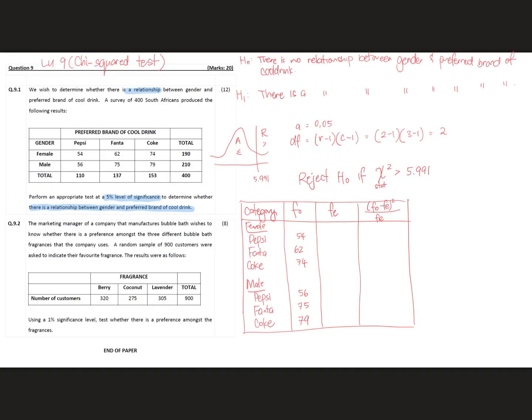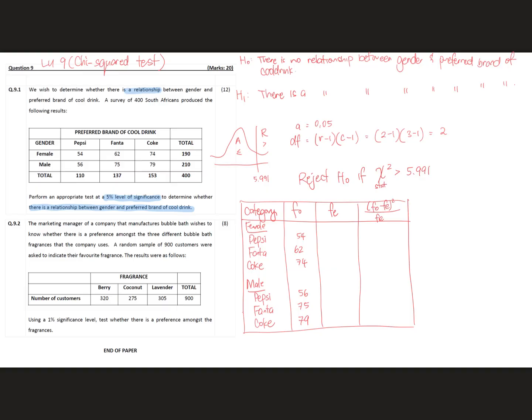Those are always the ones that are presented to you in the table. So remember, you are always given FO and you are then calculating FE. All right, so FE now is, remember, whenever you have a two-way contingency table, you go to the respective FO in the table. So for example, the first FO value is 54 here.